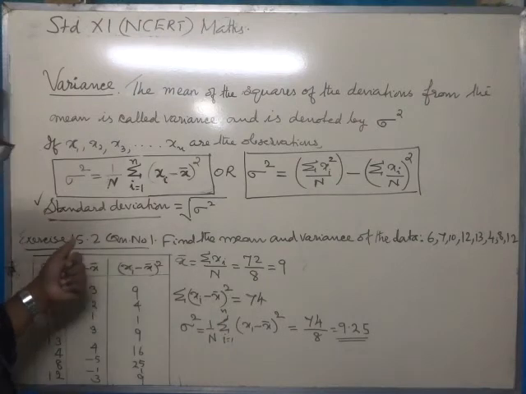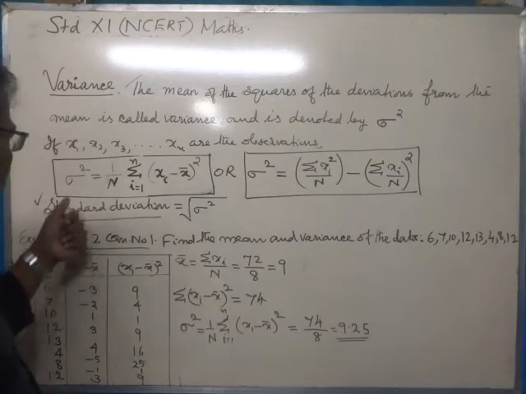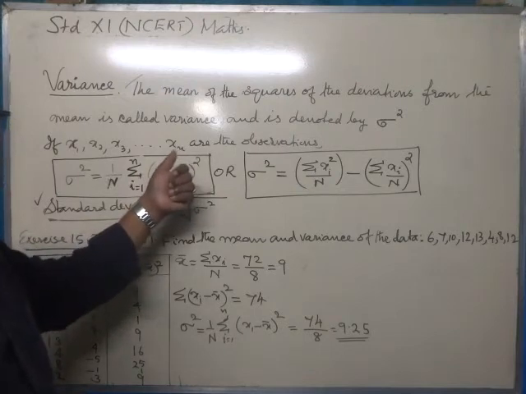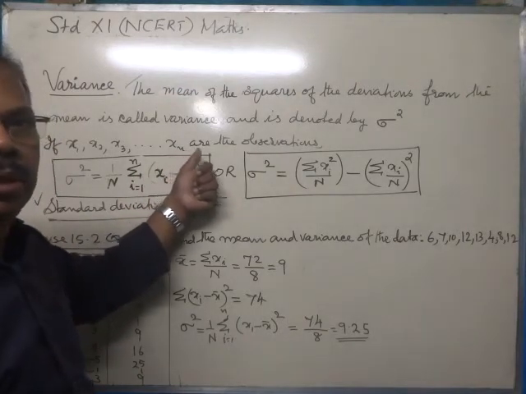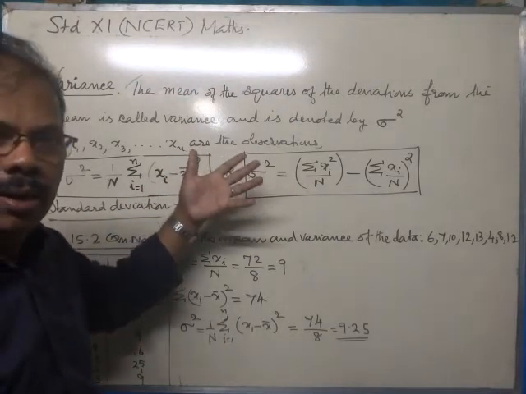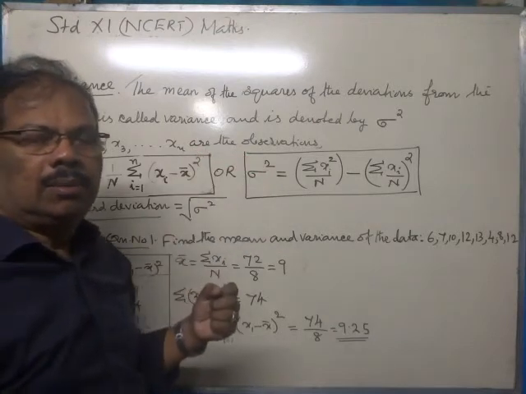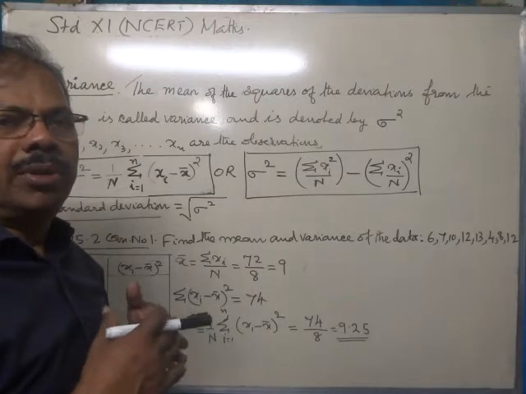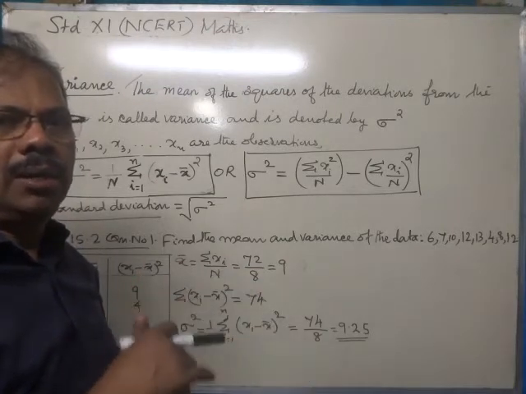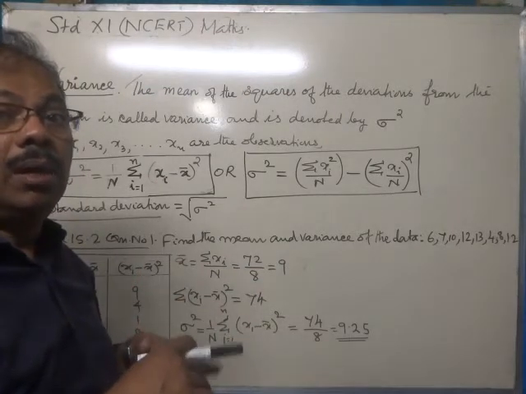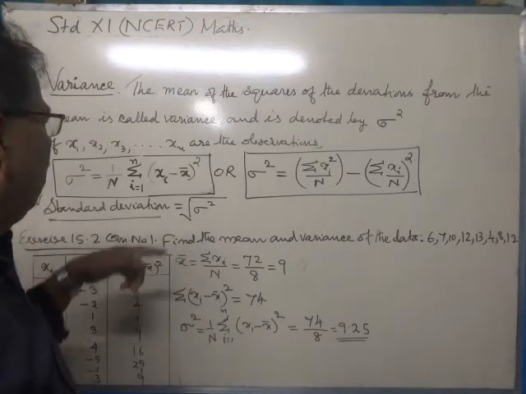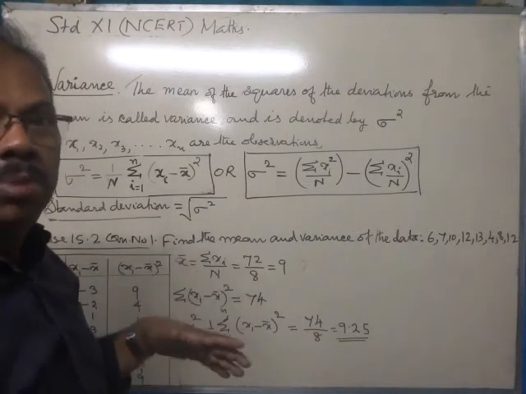Consider this case. There are n observations, x1, x2, x3, x4, up to xn. In that case, we calculate the mean by adding those observations together and dividing by the total figure n. Now let it be x bar.